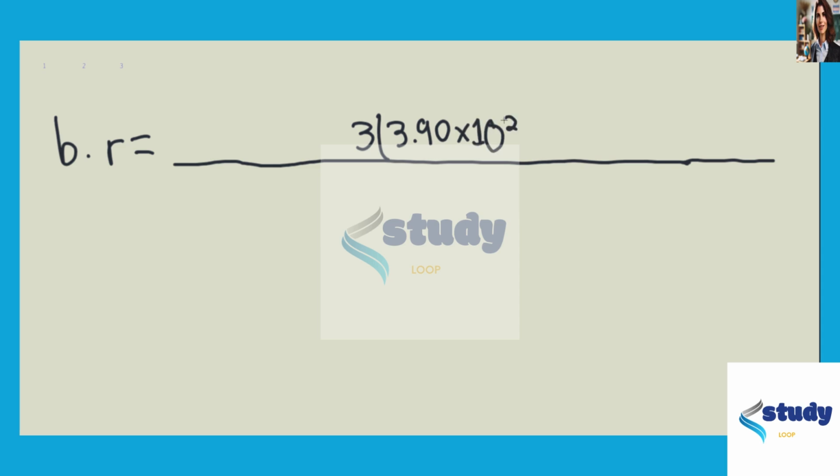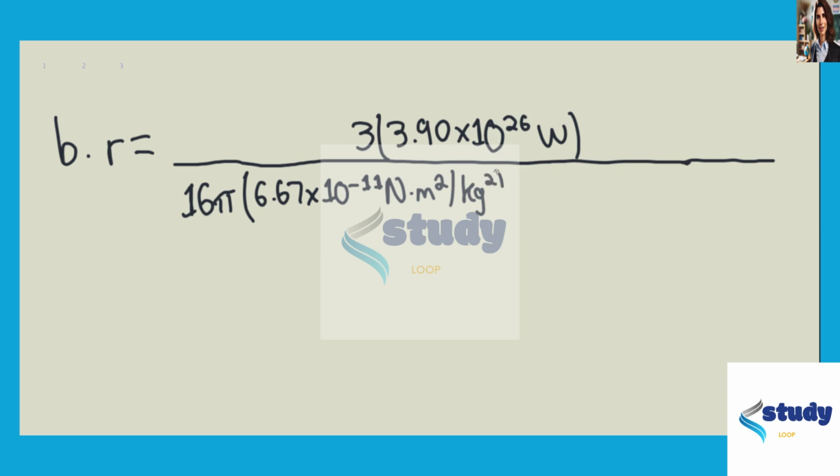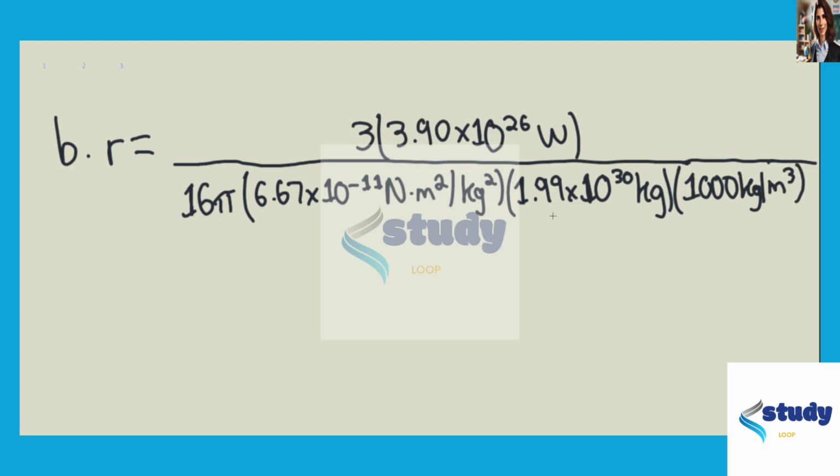So the critical radius r would be 3 times the power output of the sun, 3.90 times 10 to the 26 watts, divided by 16 pi, times the gravitational constant, 6.67 times 10 to the negative 11th newton meters squared per kilogram squared, multiplied by the mass of the sun, 1.99 times 10 to the 30th kilograms, and then times the density of the particle, 1,000 kilograms per cubic meter, and then multiplied by the speed of light, 3.00 times 10 to the 8th meters per second.